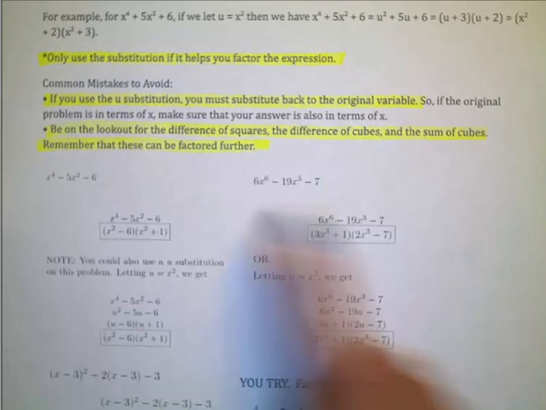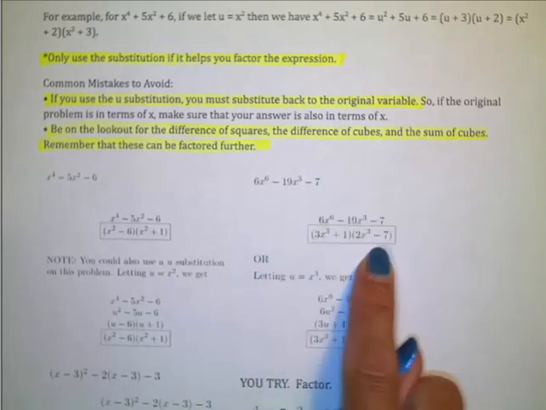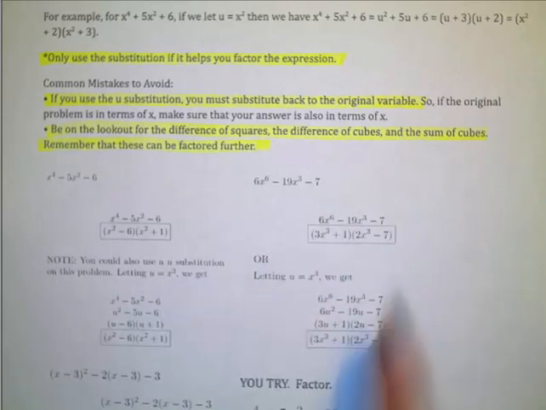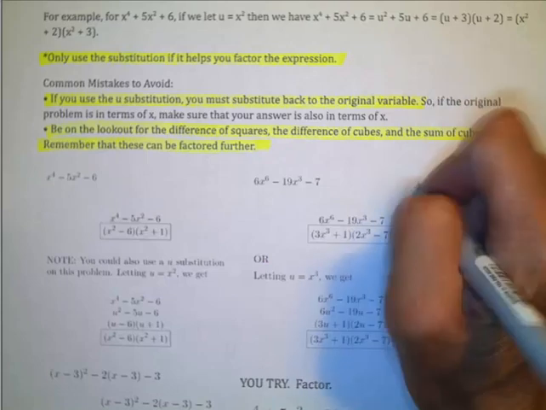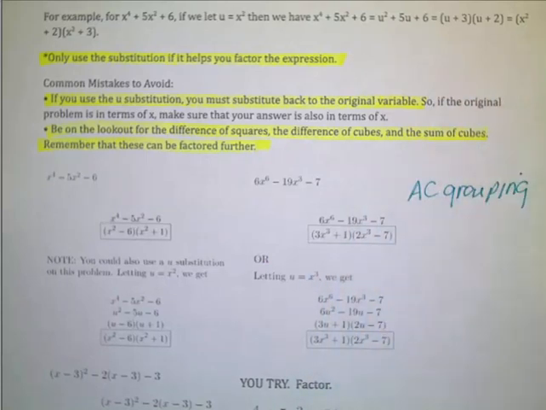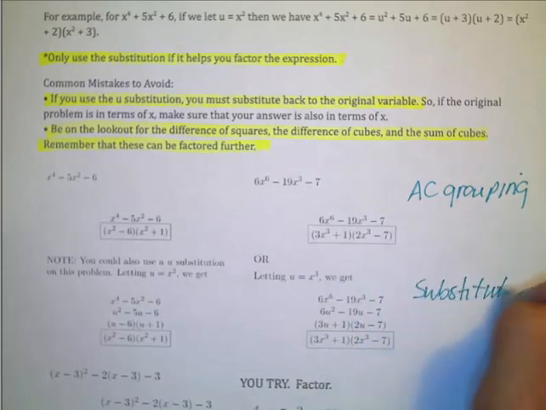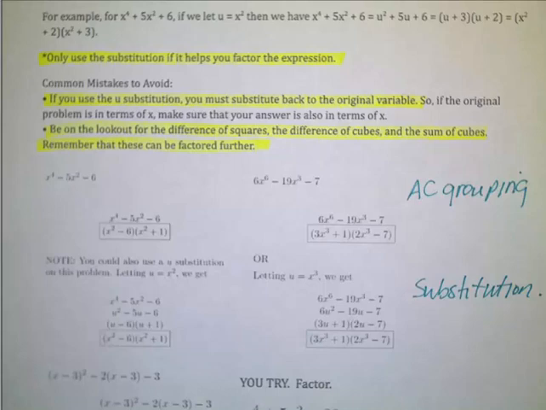First they did it by just regular AC grouping, and they didn't show you the steps. And then they did it by substitution, okay? So this would have been an AC grouping or by substitution. The same with all of these.